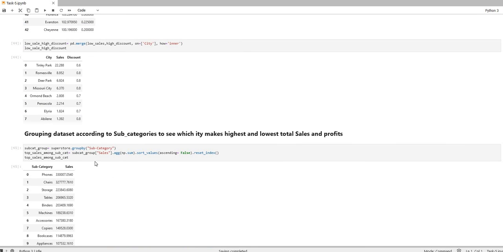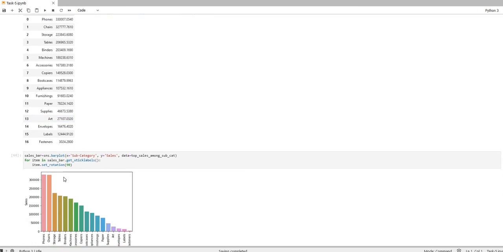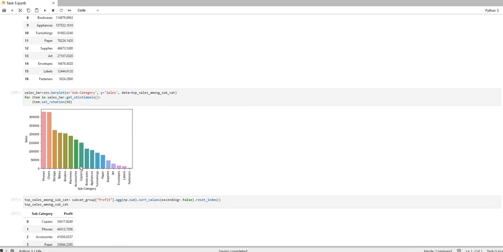Now here I have grouped the data by the subcategory column, and we can see that phones have the highest average total sales, and chairs are in second position. And lastly there are fasteners, which have about 3024 in total sales.